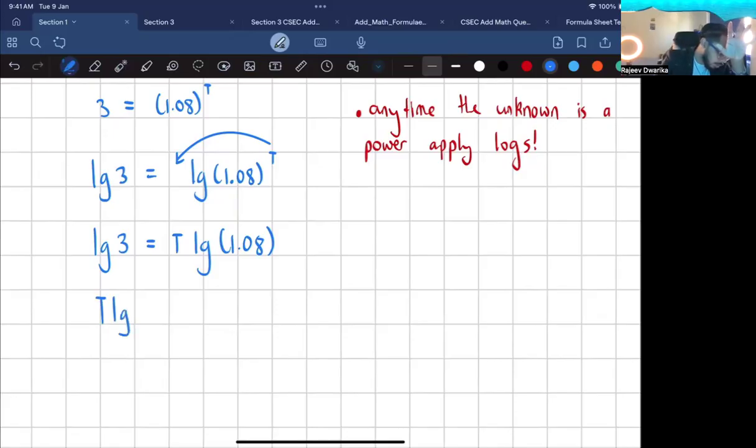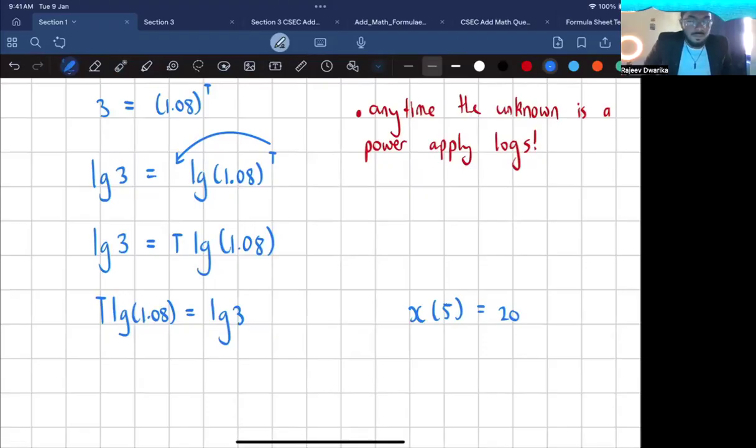So I'm going to write 2 log 1.08 is equal to log 3. Imagine if I had x times 5 is equal to 20. How would I solve for x? 20 divided by 5. Correct.